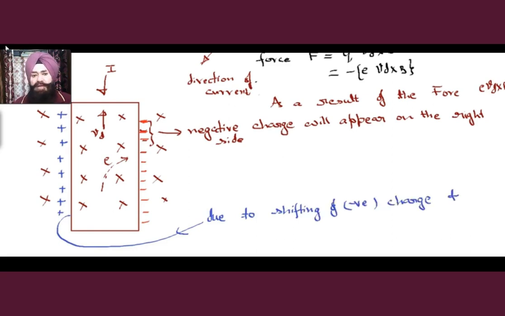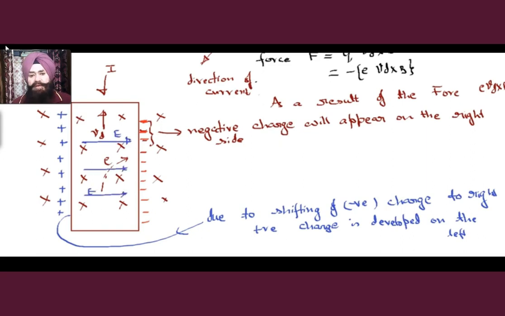Due to the shifting of the positive and negative charges, when the electrons are shifted towards the negative side, a positive charge develops on the left hand side.